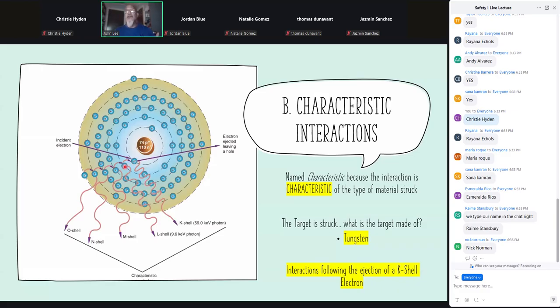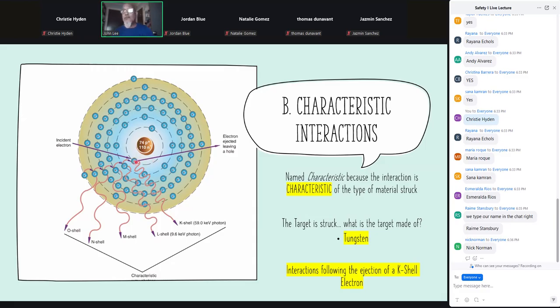The L shell, which is further from the nucleus, has a lower binding energy, and as we go out sequentially, the binding energies drop. Now, characteristic interactions are going to occur when an electron is knocked out of its orbit. So part of the kinetic energy of the incoming electron is transferred to that electron, and it leaves a space.